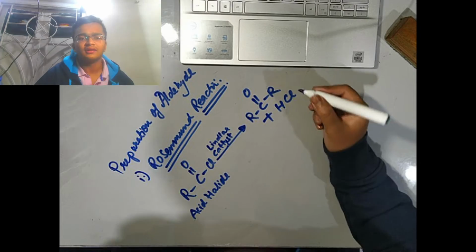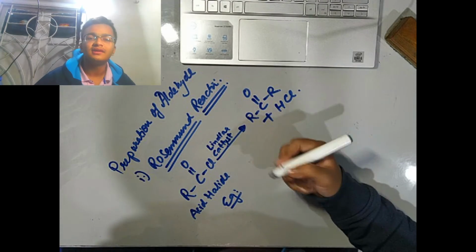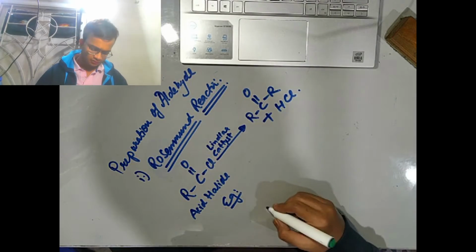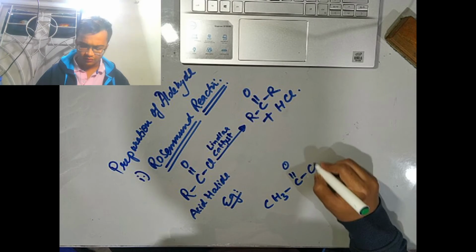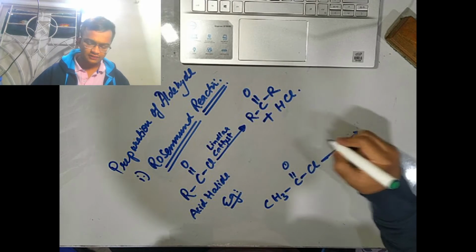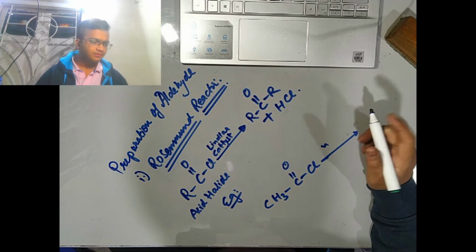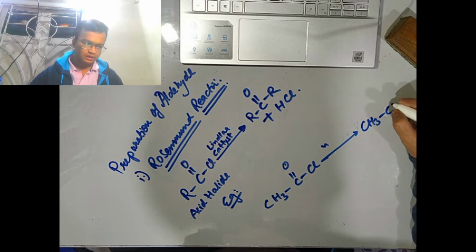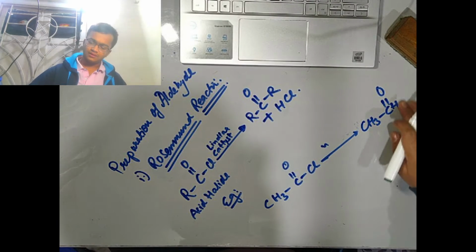Okay, let's take an example: ethanoyl chloride. What is ethanoyl chloride? It is CH3 C double bonded O single bonded Cl. On treating it with the same Lindlar catalyst, we get CH3 CH double bonded O. What is this now?